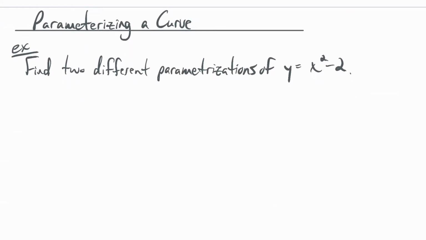Awesome. So what if we have a path, a graph, and we want to come up with different ways of traversing that graph? One way is to always say, oh, x equals t, that your x coordinate will just be whatever t is, and then y, you just plug in t for x. This will be a parameterization.